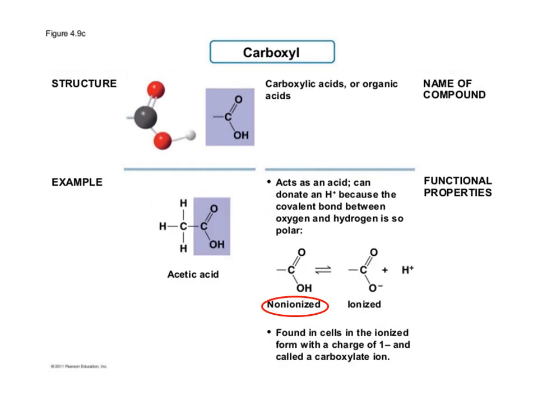The next functional group is a carboxyl group. You take a hydrocarbon, you add a carboxyl group to it, and it can turn it into an amino acid. So down in the bottom of the image, I have circled a word. If you look above that word, you see that the carboxyl group is COOH.